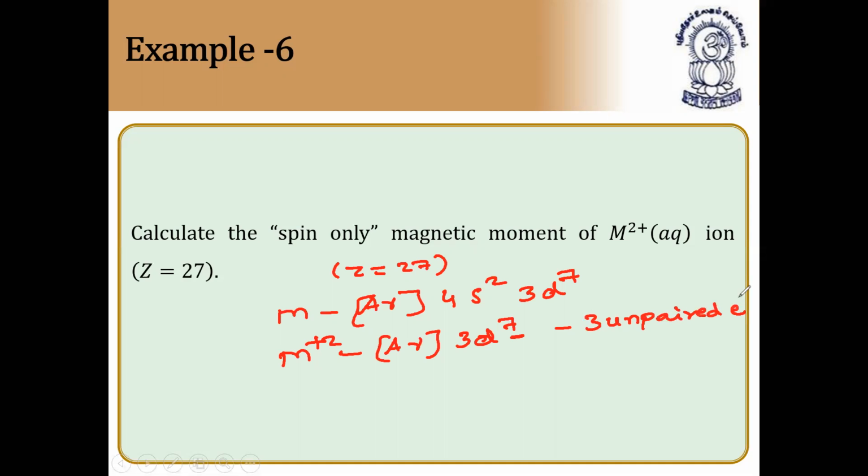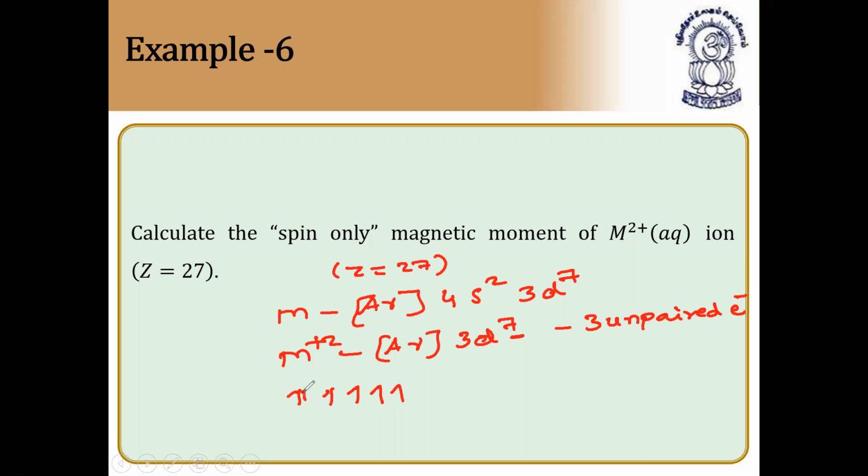This you have to understand, because many students may not understand, so I'm showing again. For M+2, it has first electron, second electron, third electron, fourth electron, fifth electron.